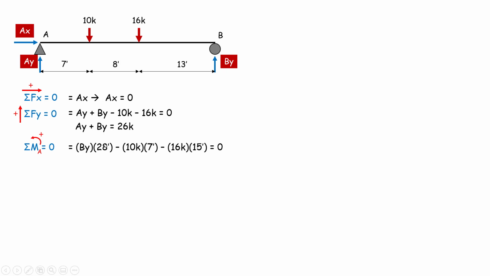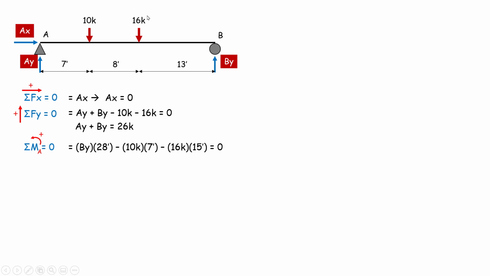Alright, so for the second part I'm going to use this force over here, 10k. 10k multiplied by the distance, which is 7. And because this one is clockwise, while the positive side we selected over here is counterclockwise, the sign over here needs to be negative.